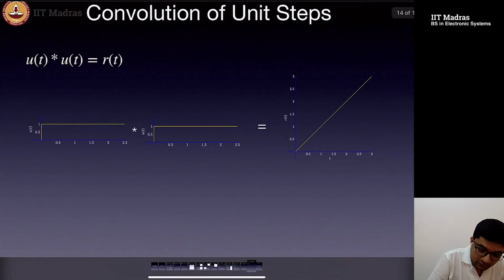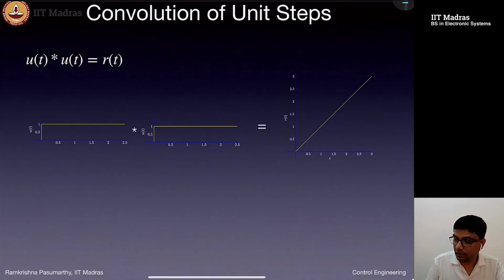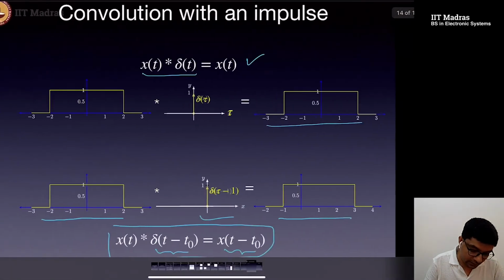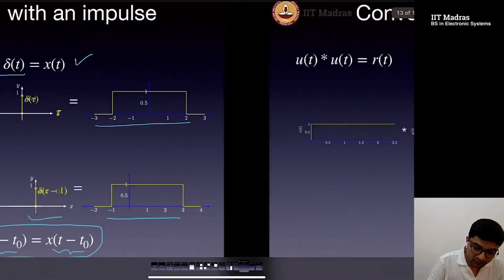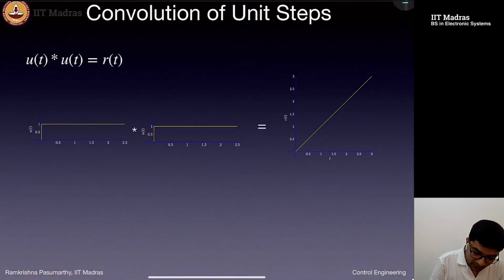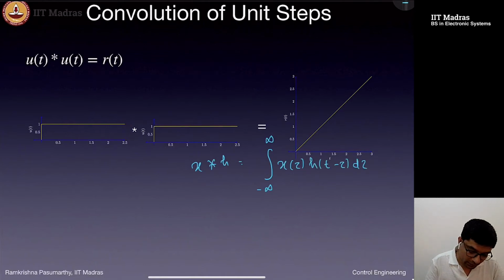My formula, if I just write it down, is x convolved with h, which will be the integral from negative infinity to infinity of x of tau h of t minus tau d tau. Now here I have two signals. I have u of t and also u of t.